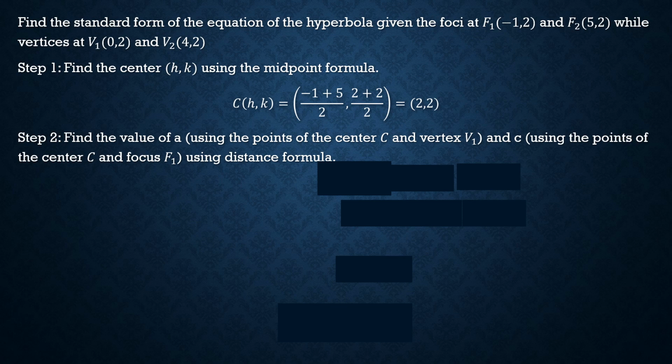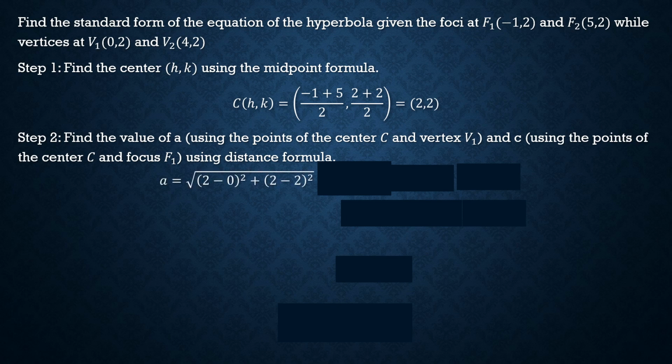Step number 2 tayo. Find the value of A and C using the distance formula. So, for the A, ang ginamit ko ng mga points is dito sa center at saka yung unang vertex na nakastate sa problem or sa condition. So, yan. Substitute ko na.